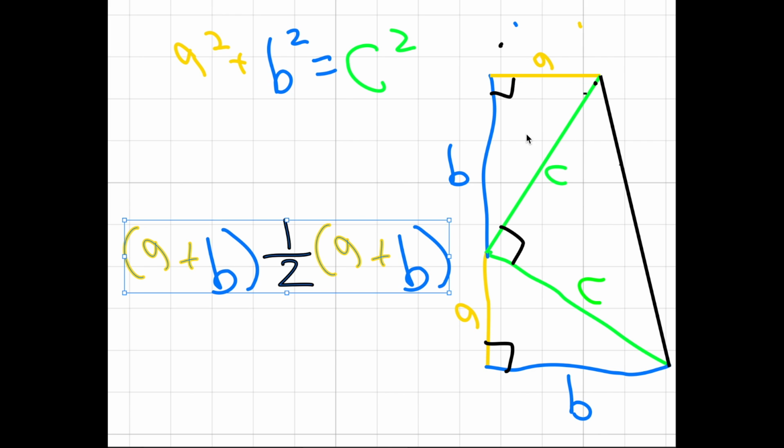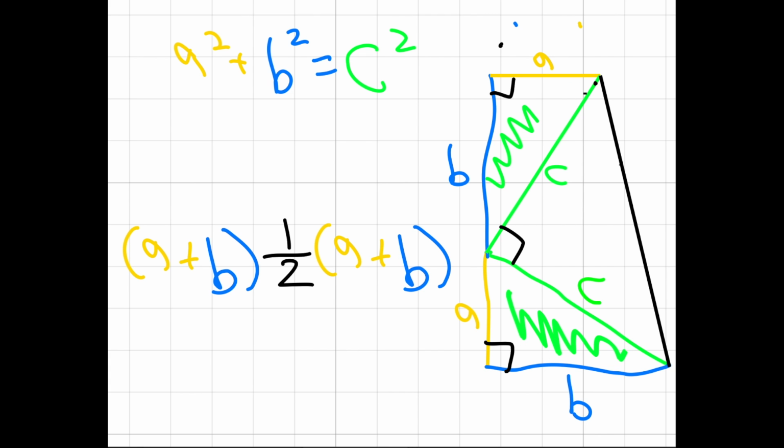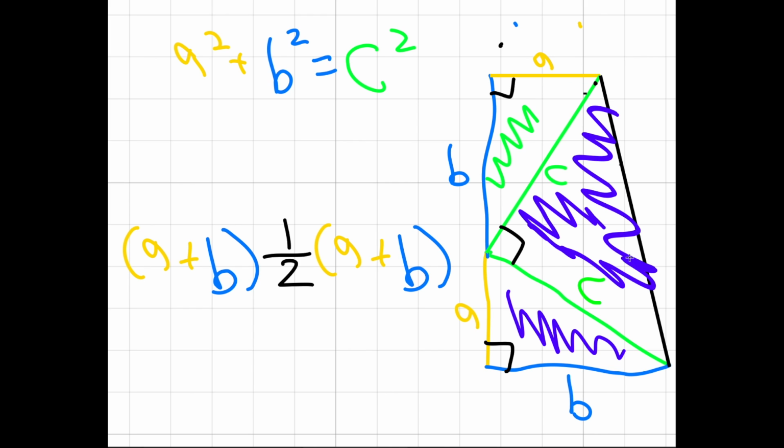Now let's try and find the area using the component parts. So what we're going to do is add up each of these sides. So all of these we have to add up.